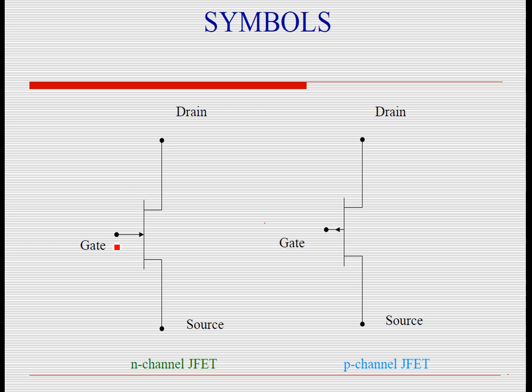The arrow in the middle of the symbol defines whether the JFET is an N channel JFET or a P channel JFET. If the arrow is pointing in, it is an N channel JFET, and if it is pointing out, it is a P channel JFET.